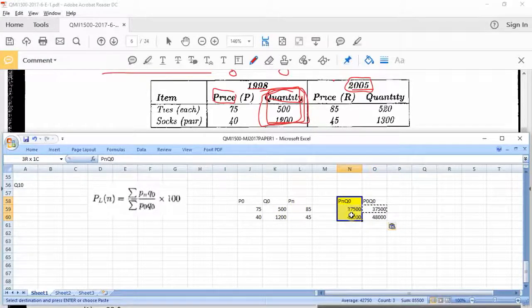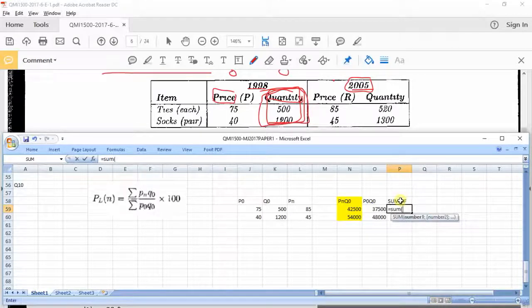Hold on, I wrote the wrong formula. It should be PN times Q0. That's better. PN, there's Q0. P0 times Q0, P0 times Q0. Now that's correct.